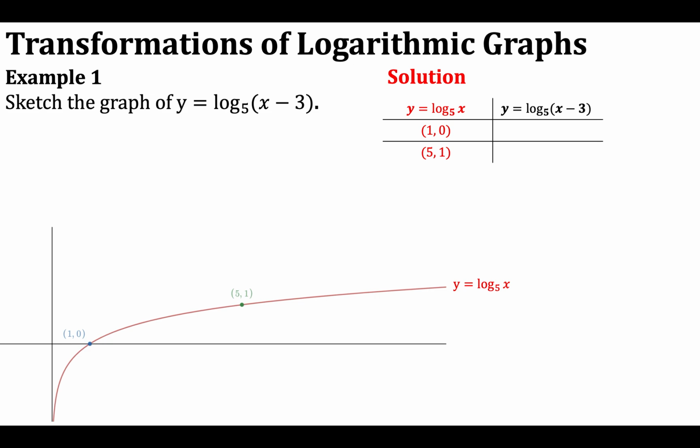So the point (1, 0) will become (4, 0), and (5, 1) will become (8, 1). And then we can plot those points, (4, 0) and (8, 1), and that allows us to sketch our curve. And that is the curve of y equals log to the base 5 of x minus 3.